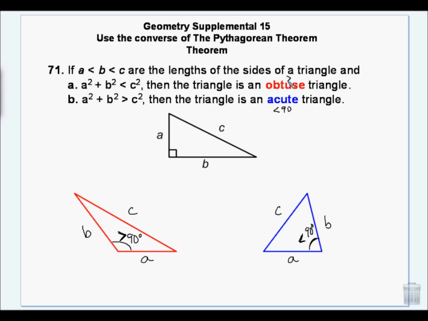This is greater than 90. Does that make sense? The one in the red is the obtuse angle, and the blue one is the acute. And this one's right.